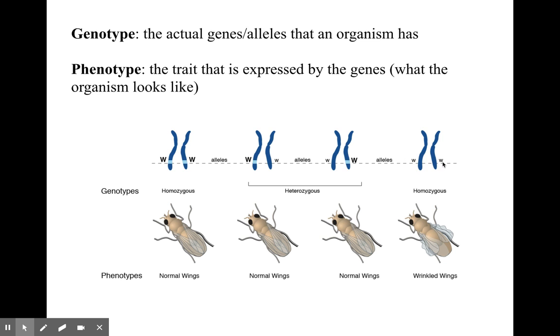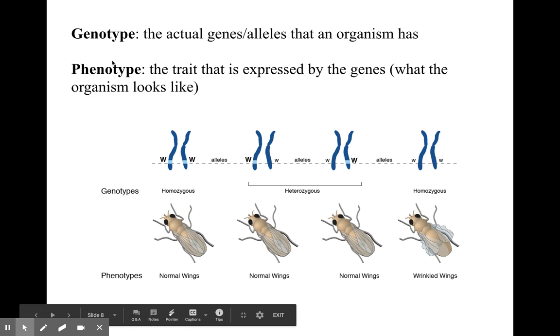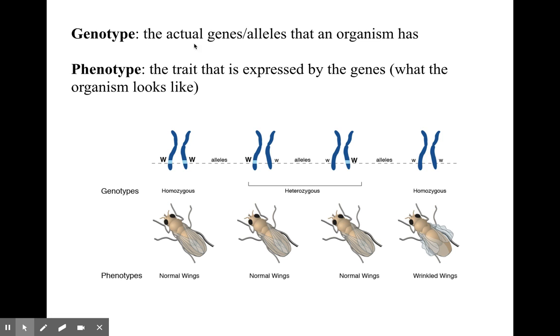Or you could be lowercase w. So you can have these different situations as your genotype. But what is your phenotype? Your phenotype is what you look like. It's your physical characteristics. So normally I write physical and I circle the PH and I say physical, PH physical. So it's what you look like. It's what is expressed because only one gene gets expressed.